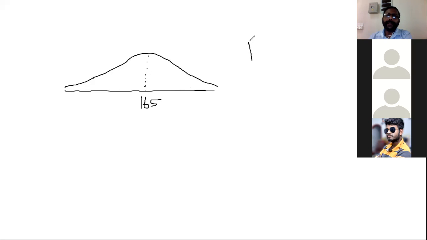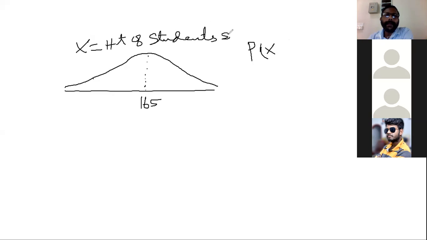Now, if I want to find out the probability of X, those are the students. X is the continuous variable, height of students studying at University of Jaffna.